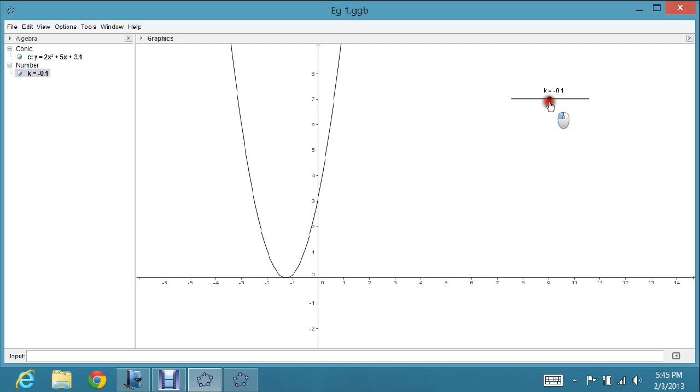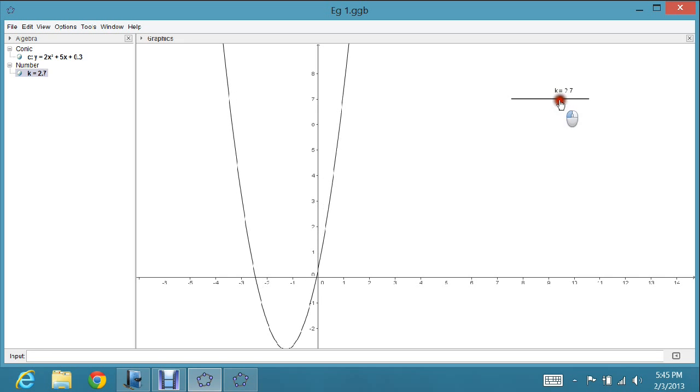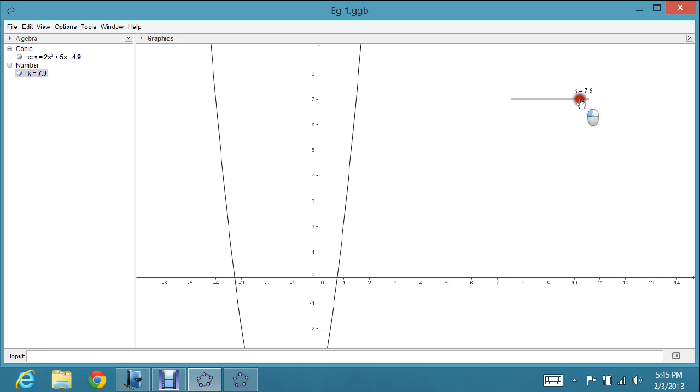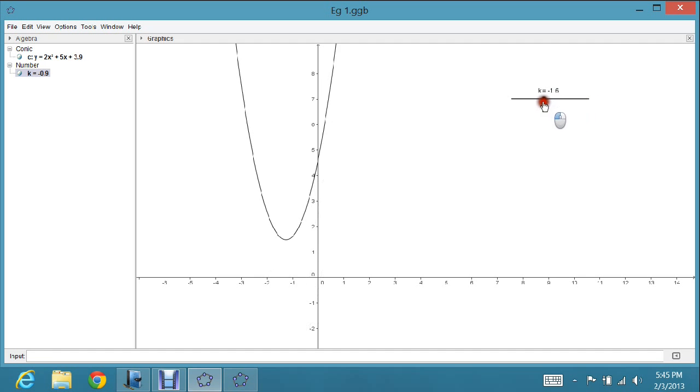You see negative 0.1 is already going to touch slightly. So around this region, it cuts the axis. As I increase k, there will always be two distinct real roots. However, if k is less than negative 1 over 8, the graph doesn't cut the axis, so we have no real roots.